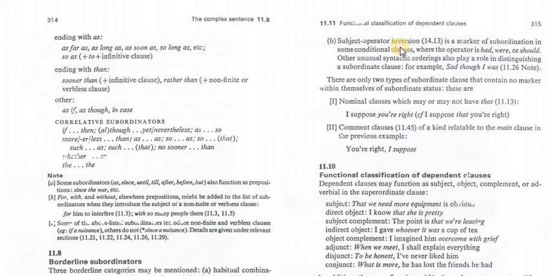This unusual syntactic ordering also plays a role in distinguishing a subordinated clause. For example, sad though I was, meaning I was sad even though. We notice that the adjective sad is fronted before though I was, whereas the original clause is though I was sad. So the adjective sad is fronted: sad though I went to visit my friend Ali, despite being sad I went to visit my friend.